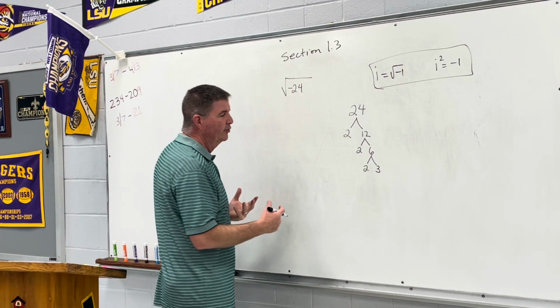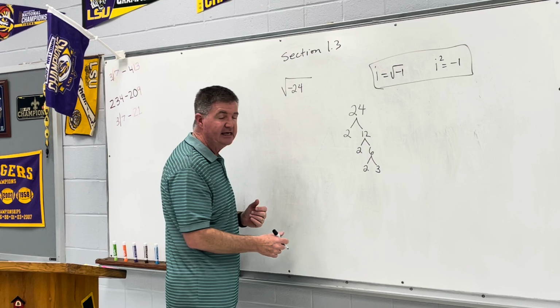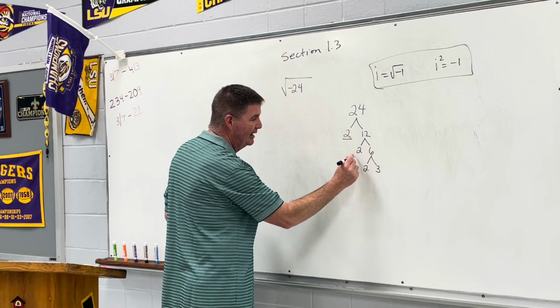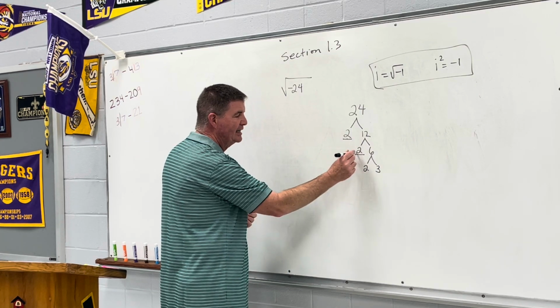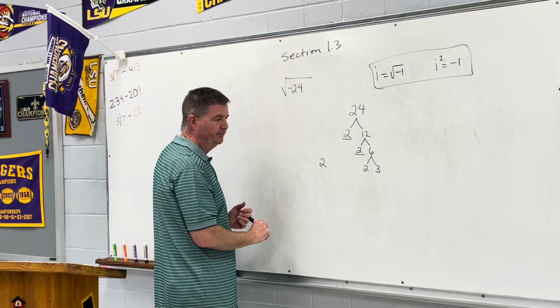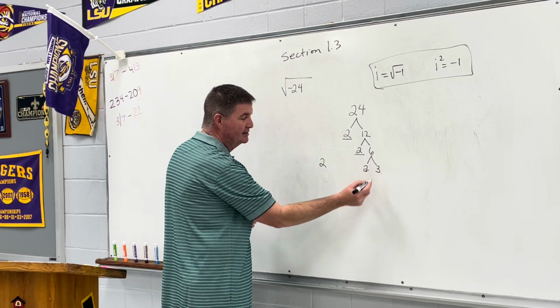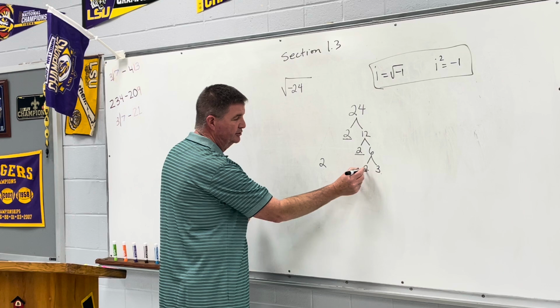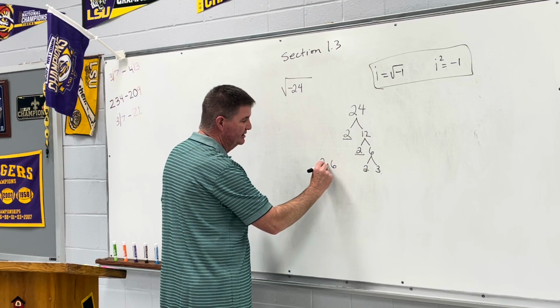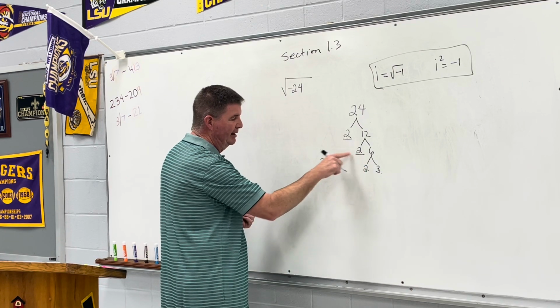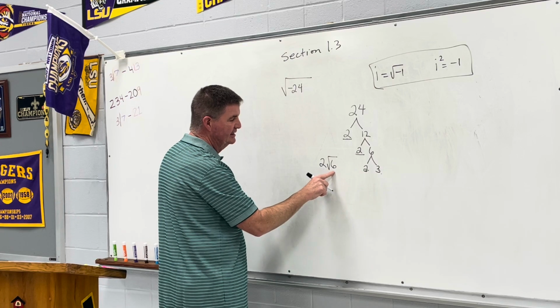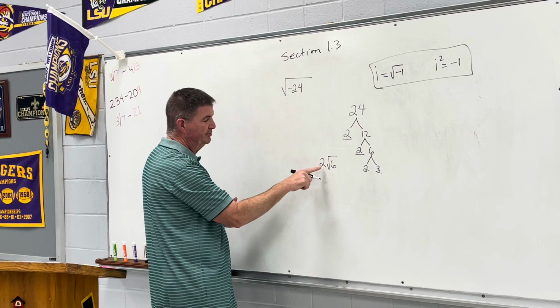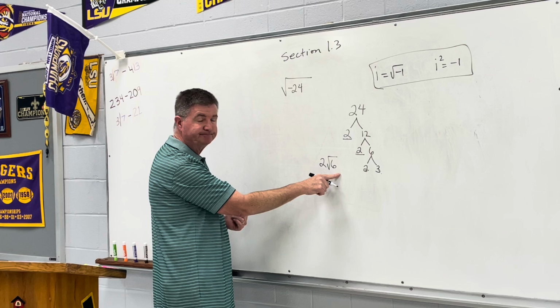So I'm looking for 2 numbers that are the same. I do in fact have 2 2's, so I can take a 2 out of the radical. What I don't have pairs of, I have to leave in. So 2 times 3 is 6: the 2 came out of the radical, and the 6 had to stay in. So the square root of 24 would be 2 times the square root of 6.